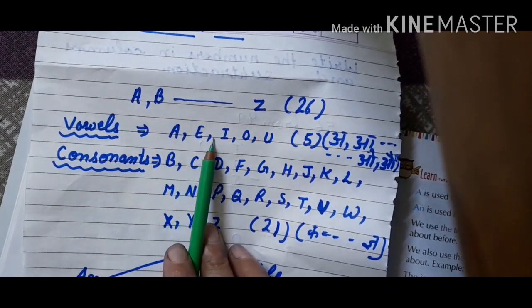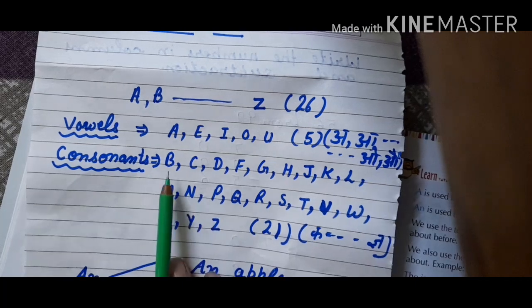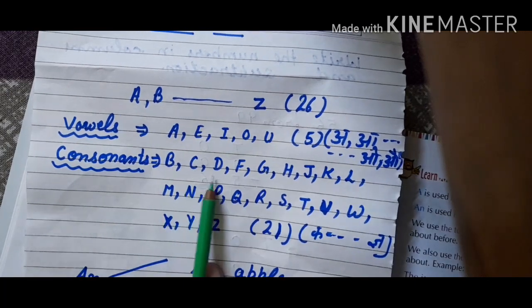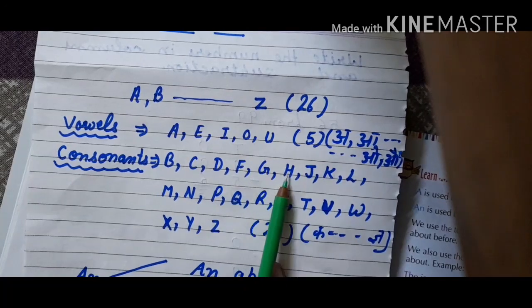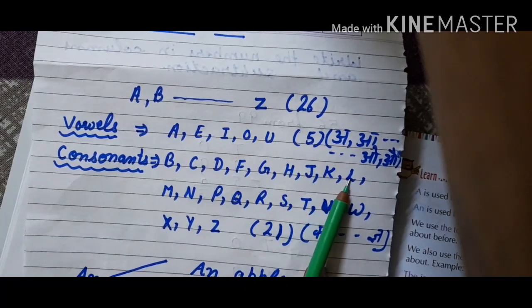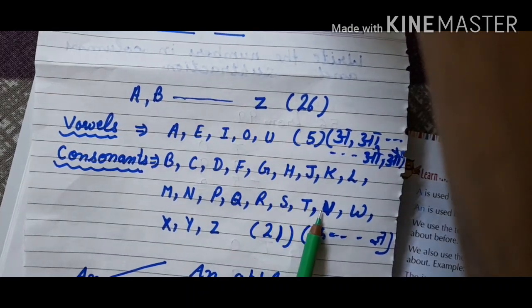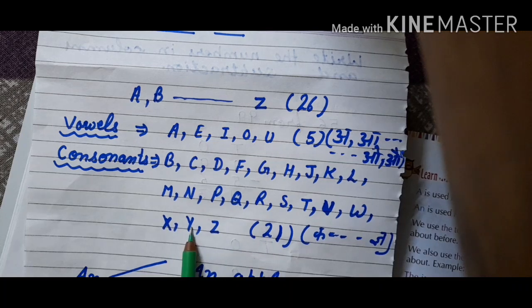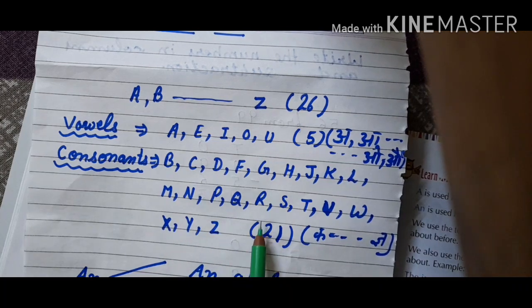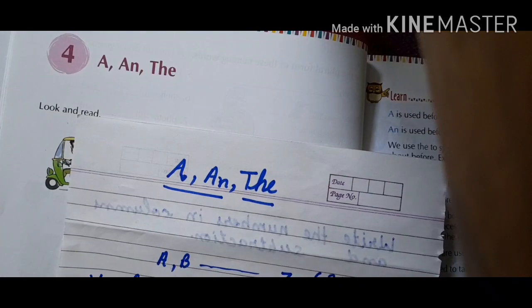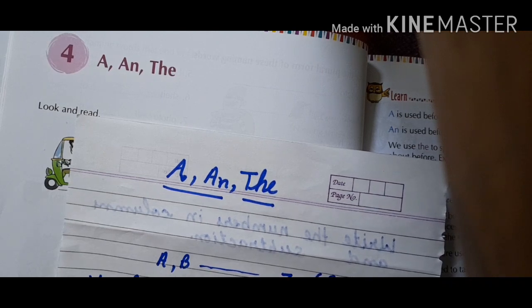And the rest of the letters are consonants: B, C, D, F, G, H, J, K, L, M, N, P, Q, R, S, T, V, W, X, Y, Z. There are 21 consonants in the English alphabet. So students, now you know very well how many consonants and how many vowels are in the English alphabet. We have 5 vowels and 21 consonants.